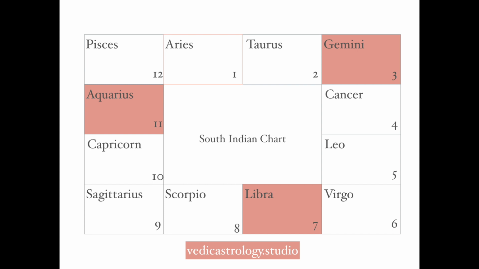So the desires are fulfilled through other people. These are the desire houses. The 11th house is also the house of hopes and wishes, fulfilling our dreams and desires. These houses fulfill our desires in a different way. Third house fulfills our desires in our day-to-day life, like our day-to-day desires.